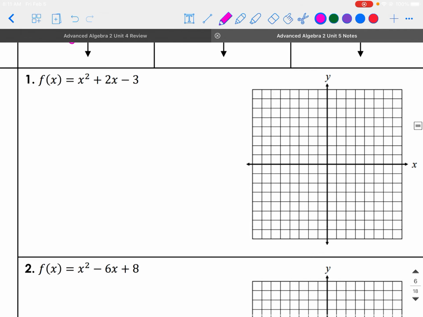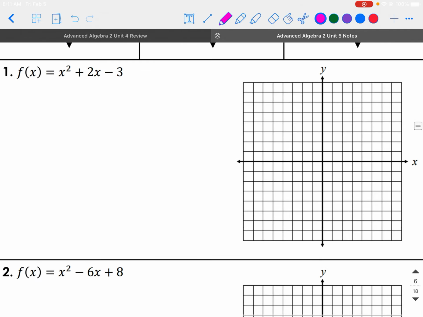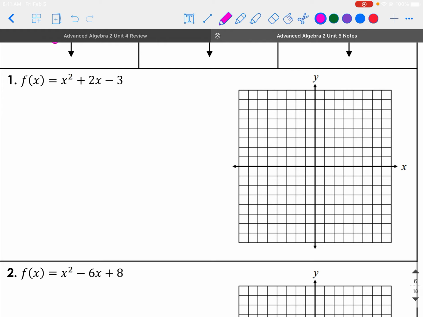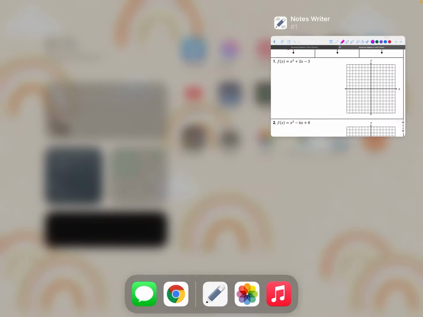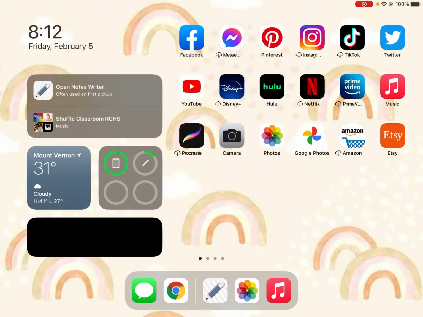As we're looking for the solutions by graphing, we're going to use our graphing calculator. If you can, pull up your graphing calculator on your Chromebook, or if you've got one, so that you can follow along with me.